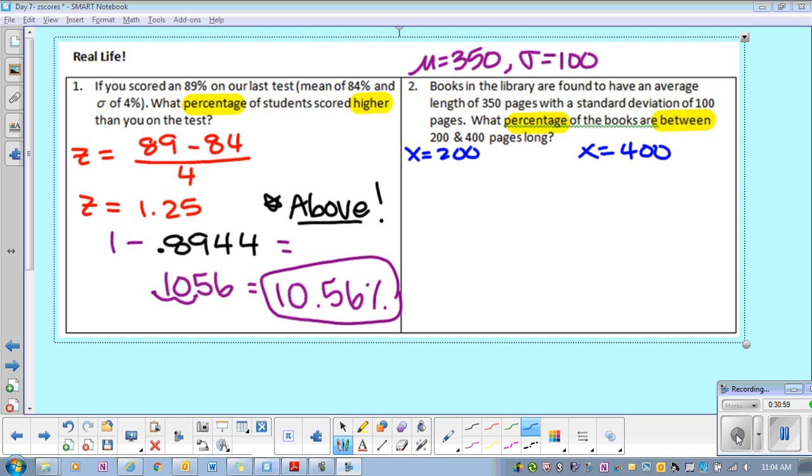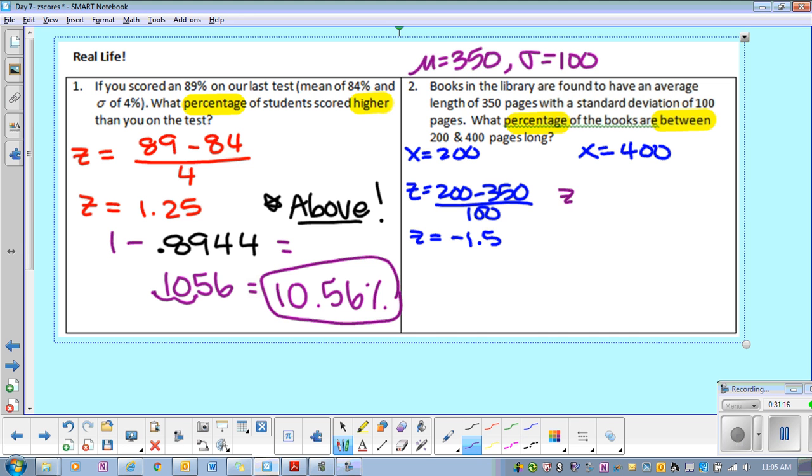So the z-score for 200 pages is negative 1.5. The z-score for 400 is 0.5. Didn't you get 0.5? Yeah.